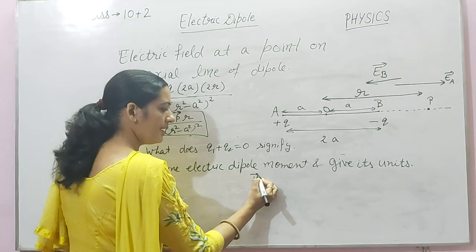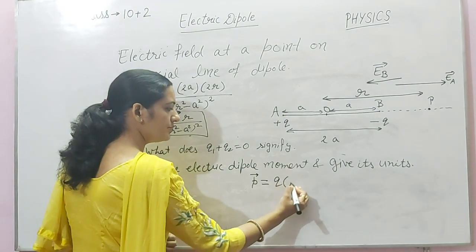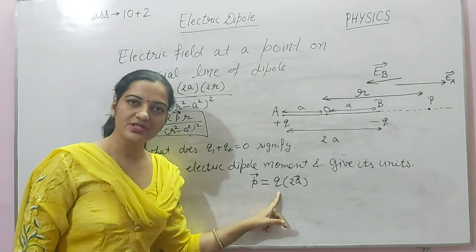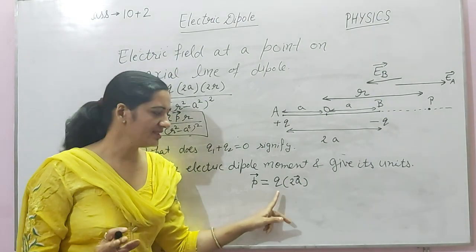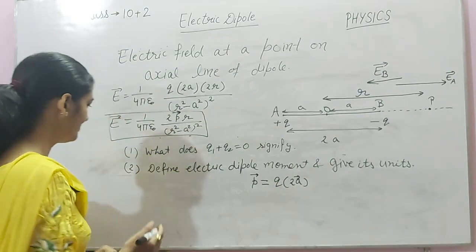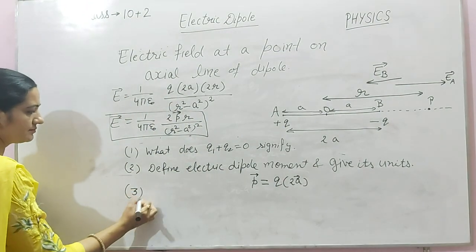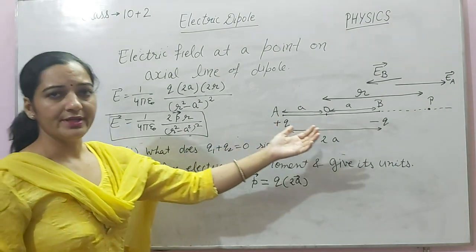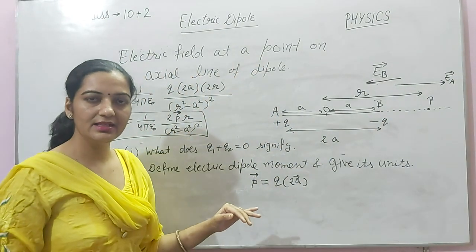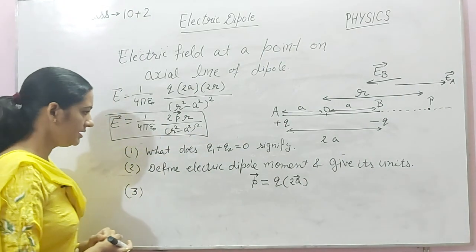See, P is equal to Q into 2A. Unit of charge, all of you know about it, coulomb, and length, meter. So write down its units. Number 3, find the electric field at a point on axial line. This is the overall article. You can do it.